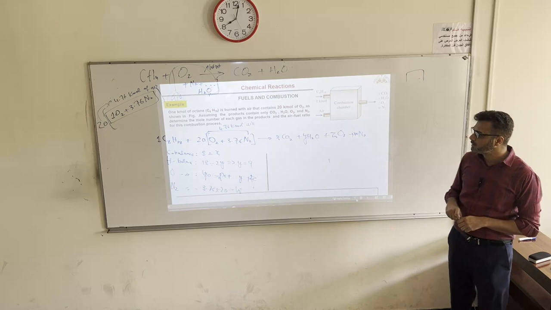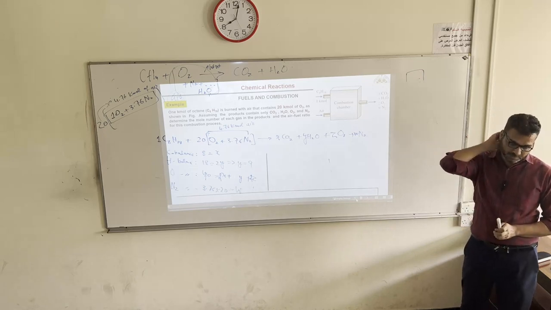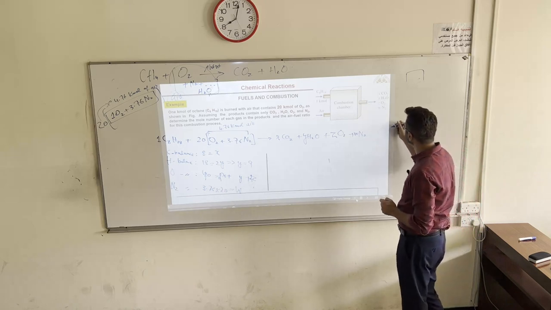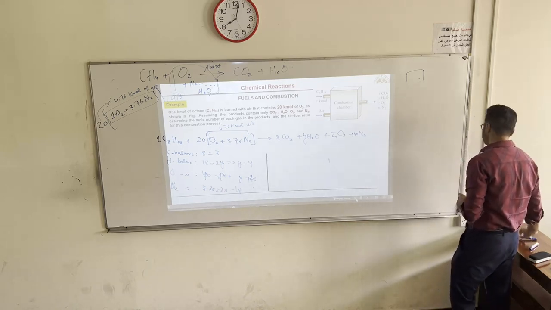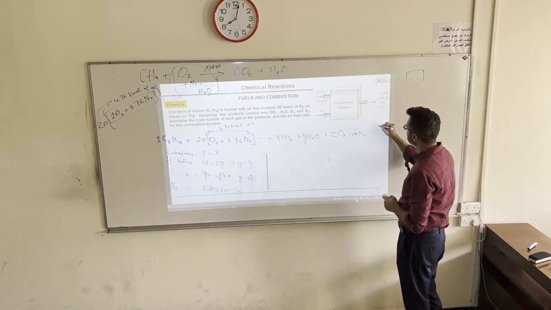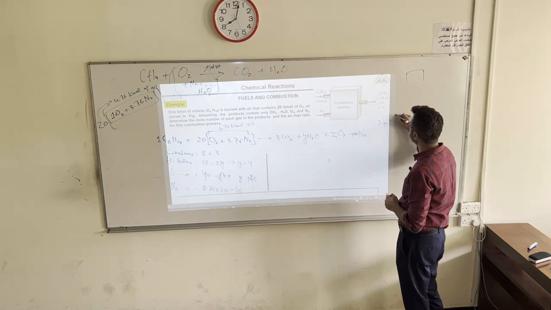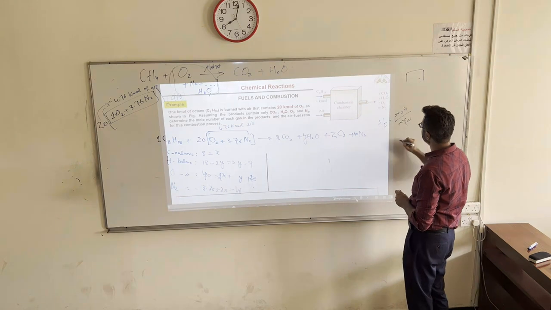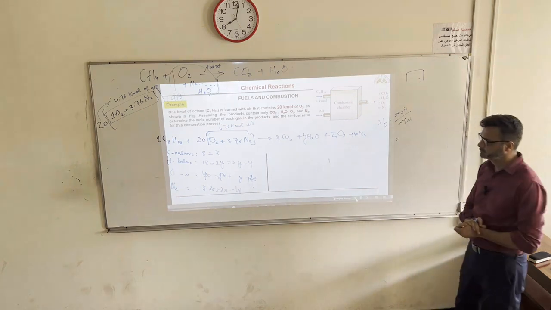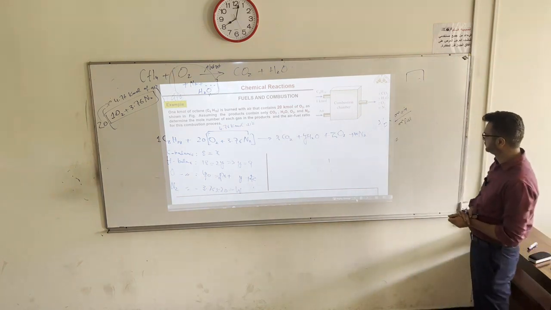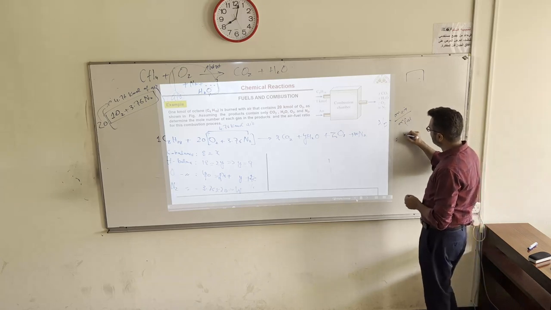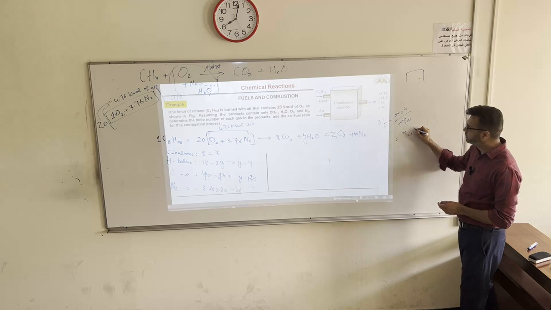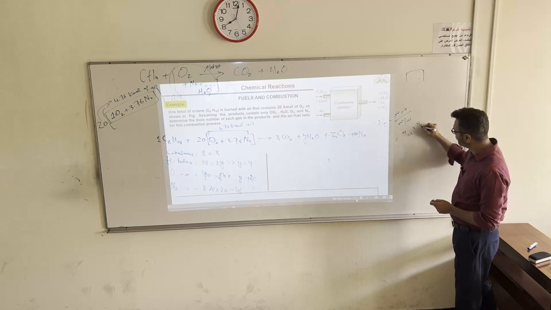Okay. Next, we need to find out air to fuel ratio for this combustion. Means M of air divided by M of fuel. Molar mass times the number of moles. So molar mass of air multiplied by number of moles of air.